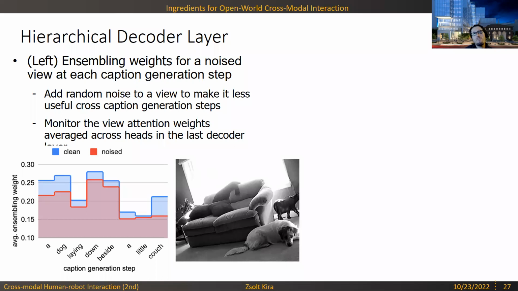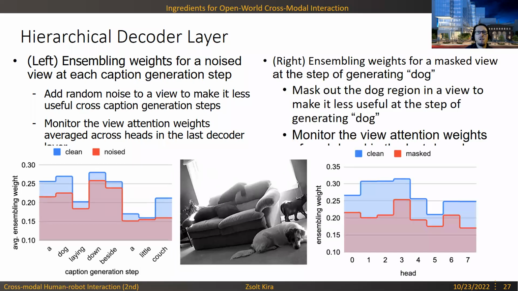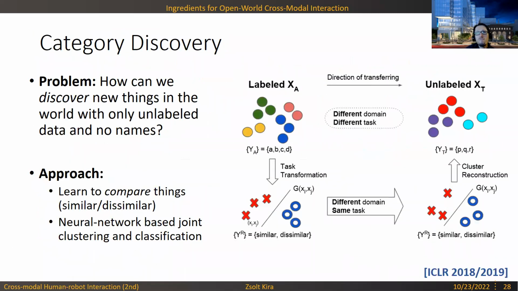And we show, for example, when we add noise to different views, it does indeed reduce the view attentions. And similarly, if we, for example, decode the word dog in our image caption, and we remove the pieces of information from the image, for example, mask out the dog, the image view is going to be much less emphasized in the model. Okay. So that's the image captioning part.